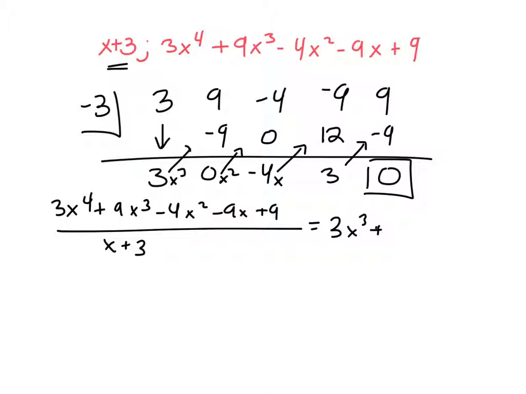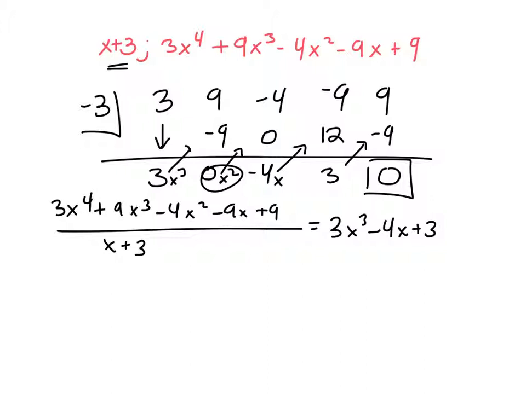This term I don't need to write because it's 0 times x squared. So instead of plus, let me write minus 4x plus 3. If I had any remainder, I would write that here. In this case, the remainder is just 0, so I could leave that alone.